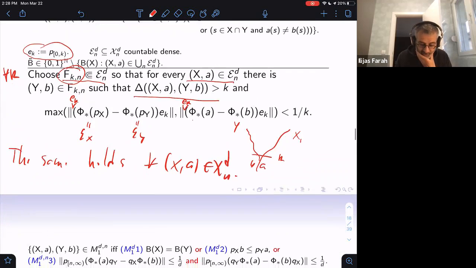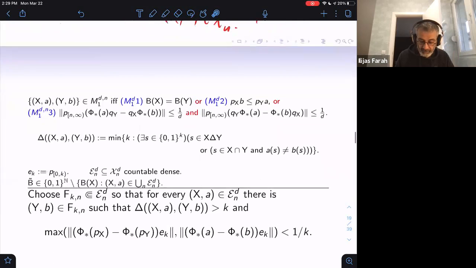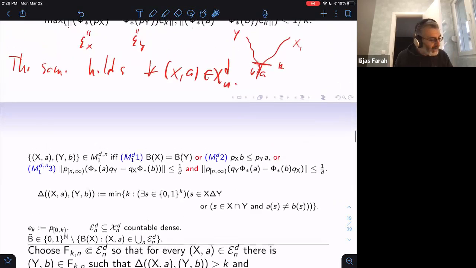So once again, if I scroll, you can see the partition. You see what happens right now. If I look at my FKN, it tells me what are the possibilities for elements XA below K. Below K means, in the tree, the obvious thing, and in the operator bit, it means that these two inequalities hold. So I have these finite sets which completely control what is going on so far there. Sorry, this is the same thing.